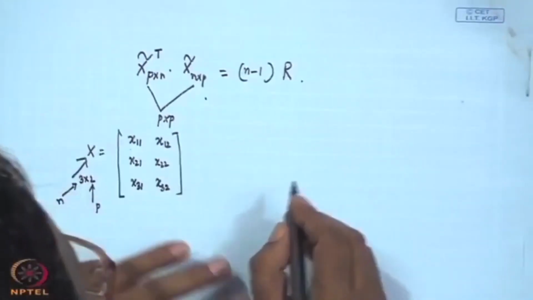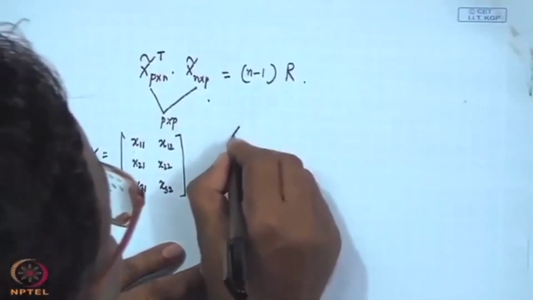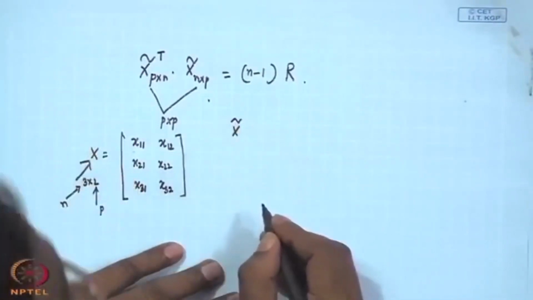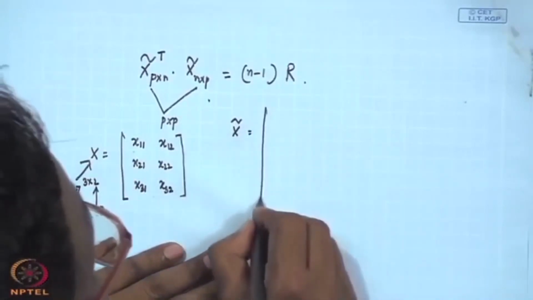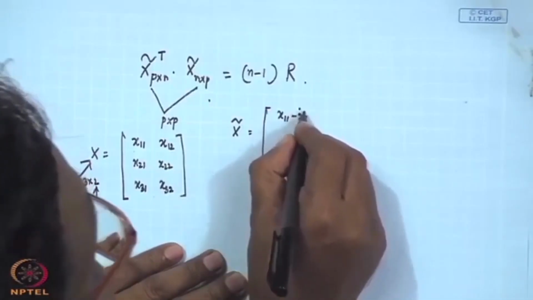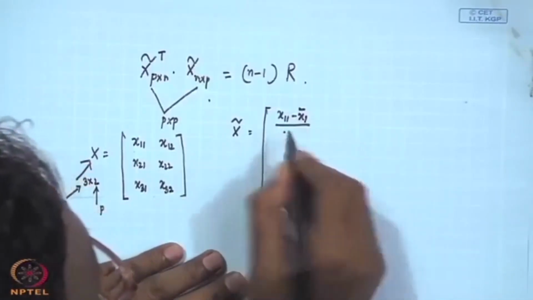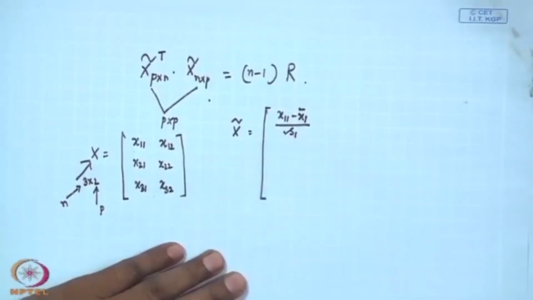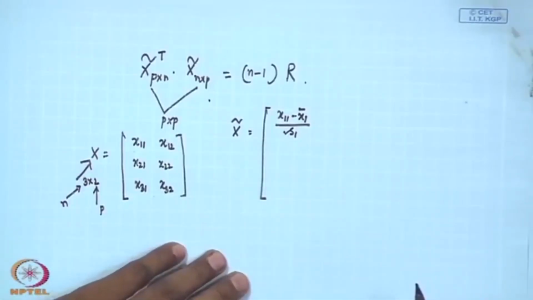Okay. Then what you are creating here? You are creating x tilde. What is this? This is nothing but x11 minus x1 bar by s1, I am writing s1 only instead of square root of s11.